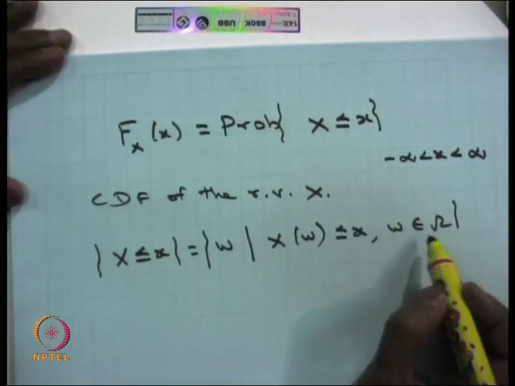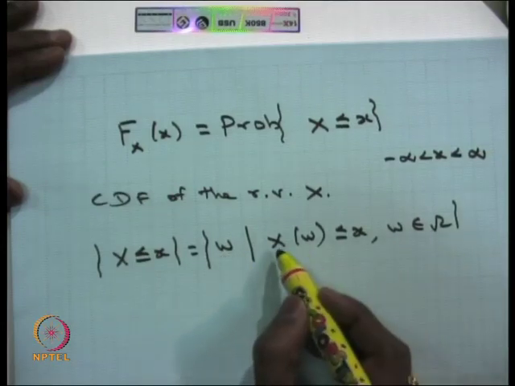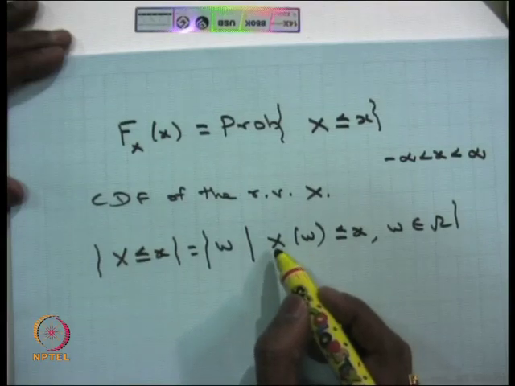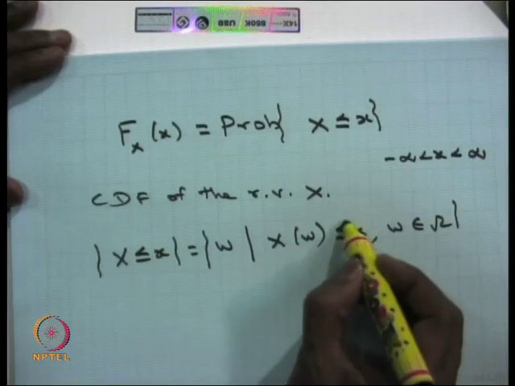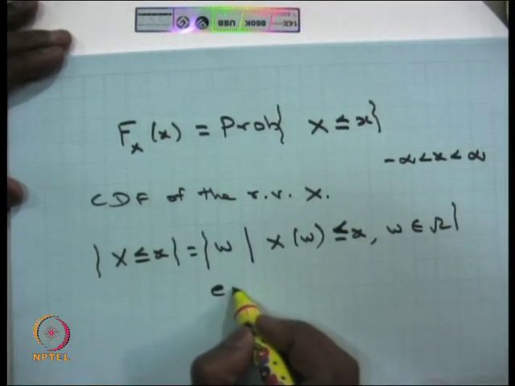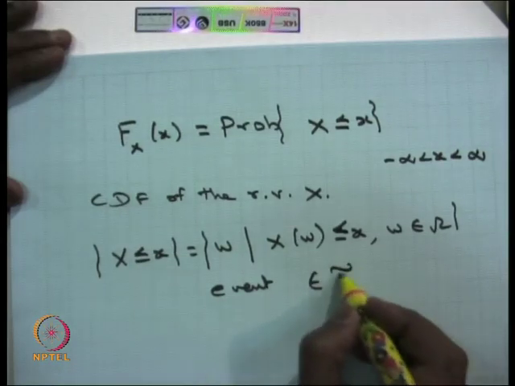That means you collect a few possible outcomes w such that X of w gives a value at most x. Therefore, this is nothing but an event, and this event belongs to the capital F.